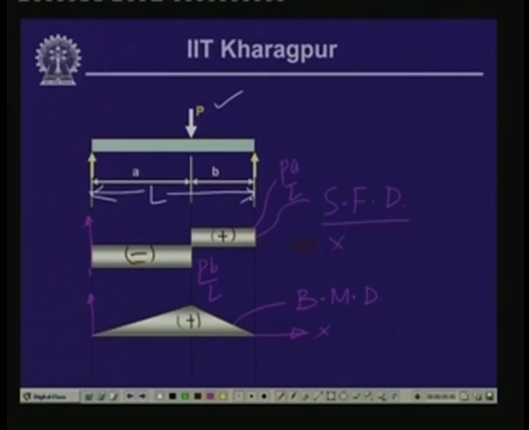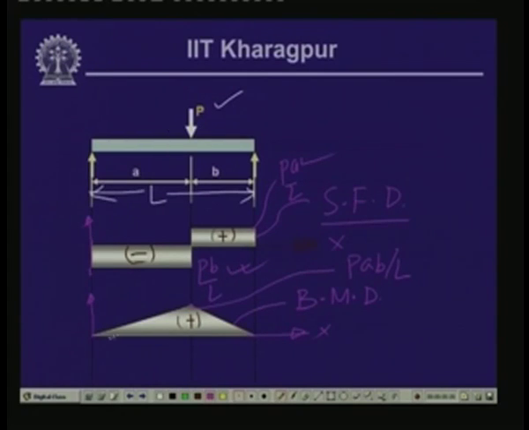So this diagram with the ordinate values gives us the shear force diagram, and for the bending moment, as we have seen, the value of this is equal to P a b by L, and that is the largest magnitude of the bending moment.